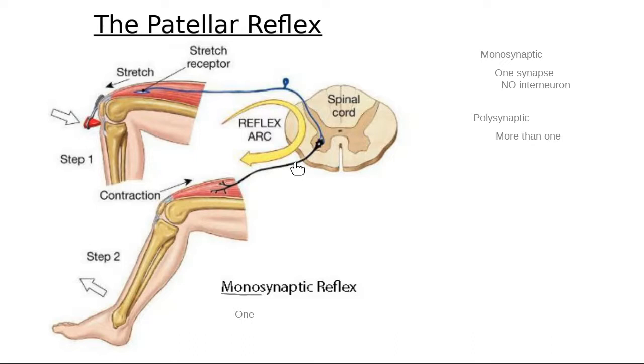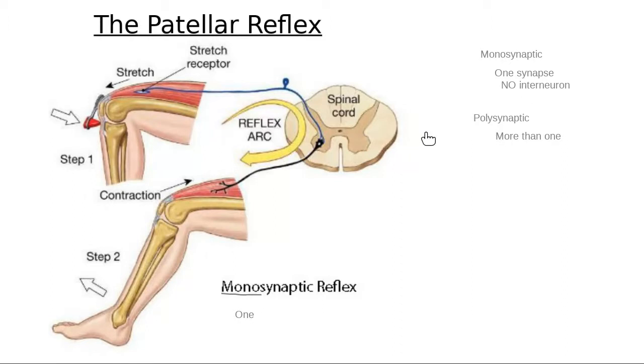So when you look at every reflex, one of the first things we're going to look at is how many neurons are in that reflex, or how many synapses do I see in that reflex? If I just have two neurons, so I have one synapse where they meet with each other, that would be a monosynaptic reflex. In my other ones, as we'll see here in a moment, if I have more than one synapse, two or more synapses, I'm always going to have an interneuron. There's going to be another neuron involved.